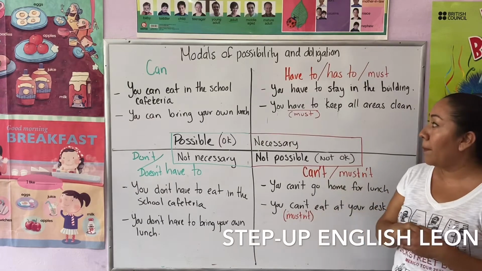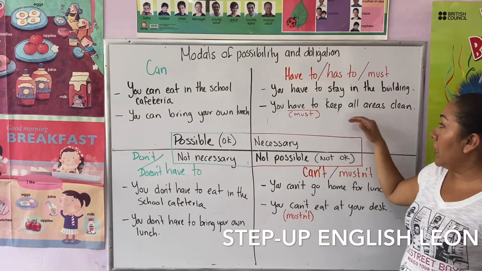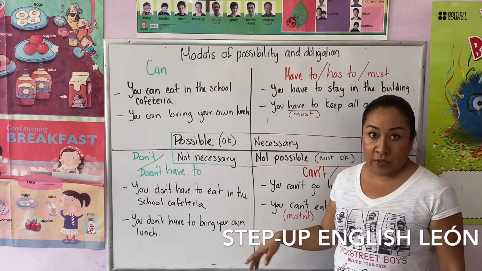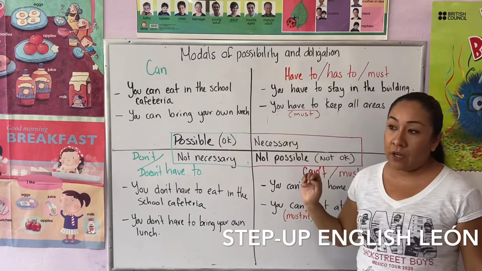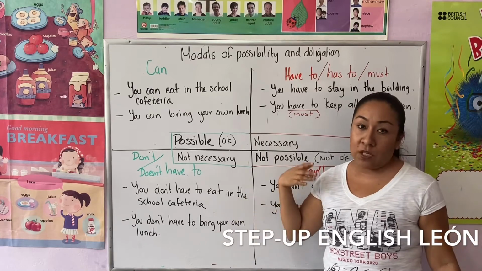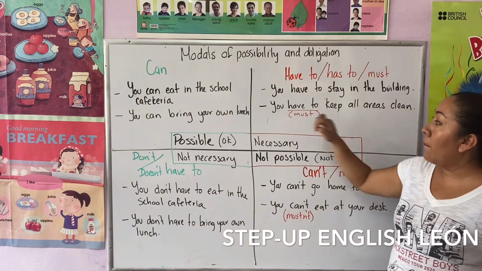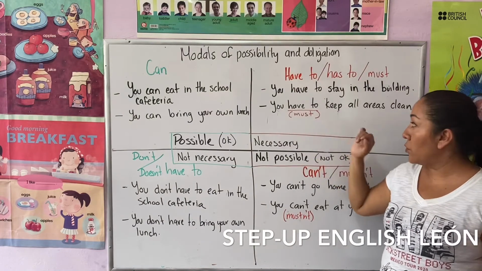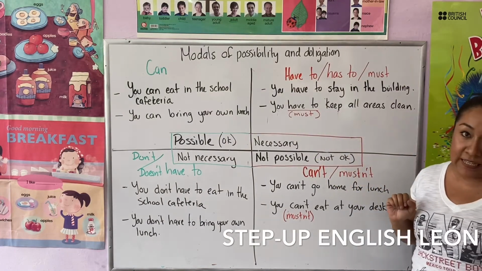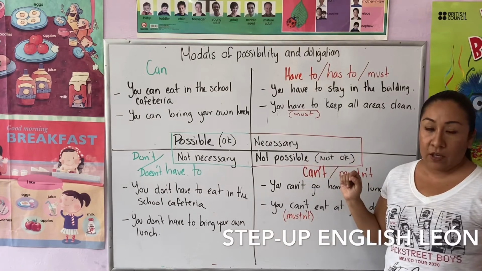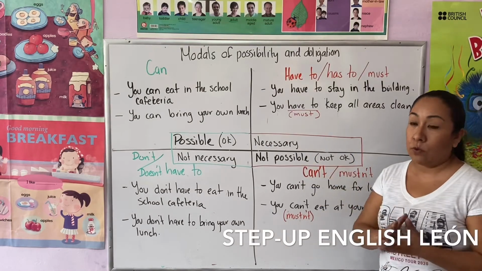All right? You have to keep all areas clean, which means it doesn't matter where you eat. You can eat in the cafeteria, you can eat in the gardens, you can eat any place, but you must or you have to keep all areas clean. Okay, that's mandatory, that's necessary. You have no choice, it's the rule.